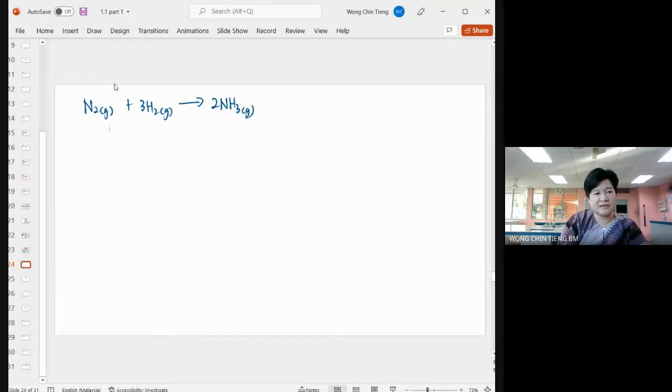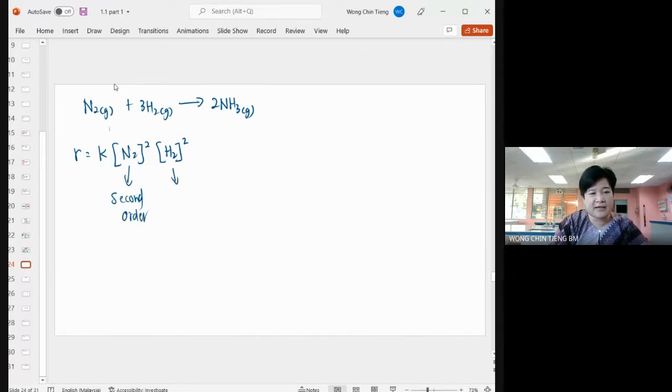Okay. Katakan soalan macam ni, rate law dia adalah K. Nitrogen gas to the power of 2, hydrogen gas to the power of 2, katakannya ni. Okay, yang ni tak ada apalah, betul kan? Second order, betul. Second order of nitrogen gas and then hydrogen gas pun second order. Yang ni soalan tak ada apa. Okay, alright, benda ni tak ada isu.